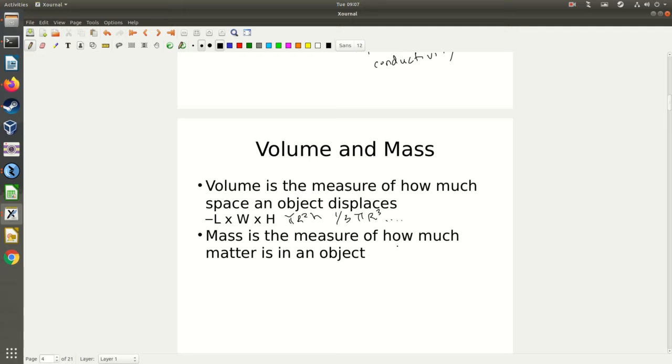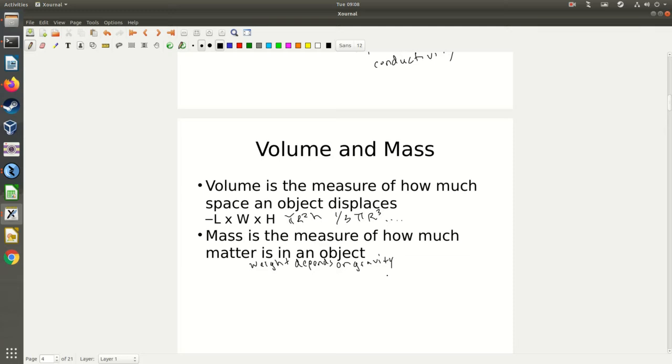Mass is the measure of how much matter is in an object, not to be confused with weight. Weight, if you recall, depends on the gravity. And the example that I used for this was, you have mass no matter where you go. You have mass here, you have mass on the International Space Station.